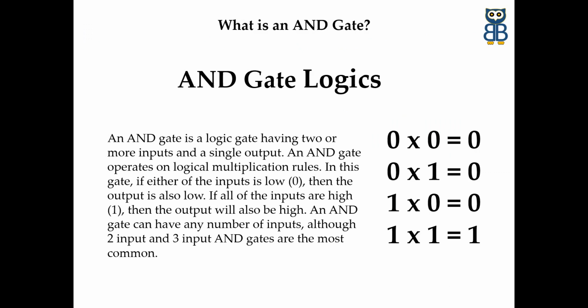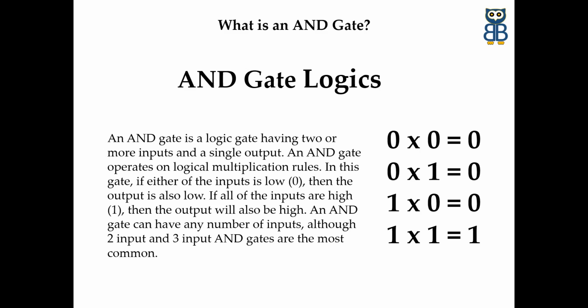The AND gate is a logic gate that accepts two or more inputs and shows the result as a single output. When both the inputs are at logic 0, the output is also logic 0, and when both the inputs are at logic 1, the output is also logic 1. The functionality is the same even if the gate has 2 inputs, 3 inputs, or more. The AND gate rules are based on the operation of logical multiplication.